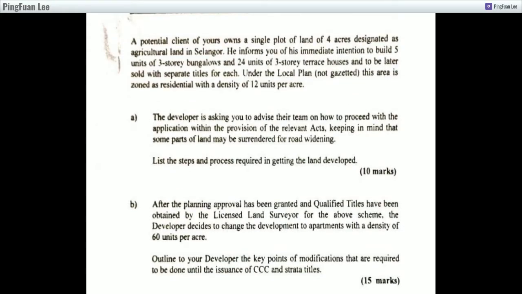Really having trouble with this apparently quite simple question for some reason. Application for alienation. Is there an application for alienation? Six.